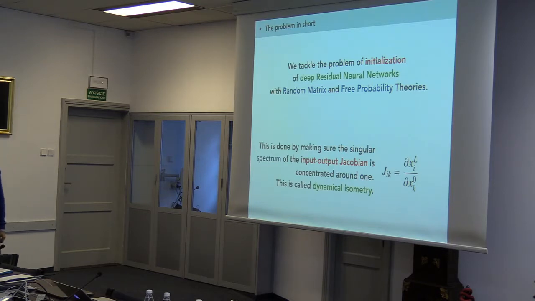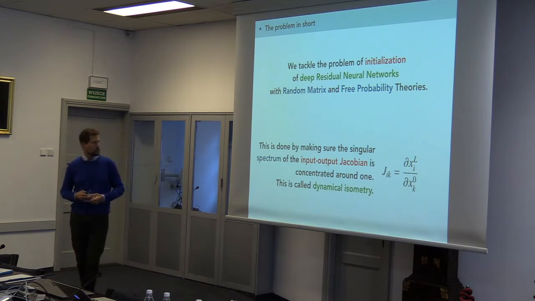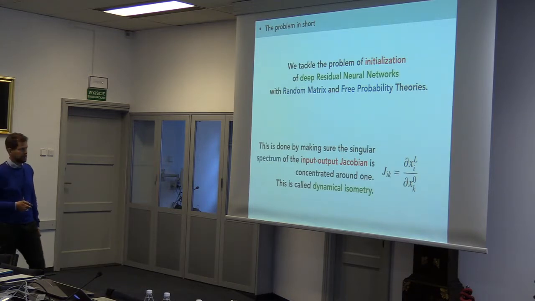So what precisely I will be speaking about, I will talk about initialization of deep residual neural networks, or at least this is the result I want to present, and how we tackle this problem with the help of random matrix theory and free probability theory. Okay, and to make a short summary of the contribution, we do that by looking at an object that is called the input-output Jacobian of a neural network, which I will introduce later.